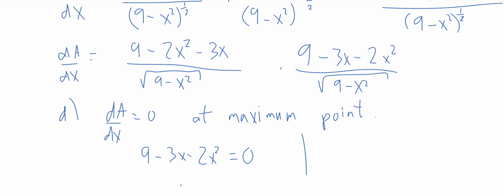Since this is paper 1, non-calculator, this highly likely involves factorizing. And it's much simpler to factorize a quadratic expression when the coefficient of x squared is positive. So to make this positive, we're going to multiply everything by minus 1.